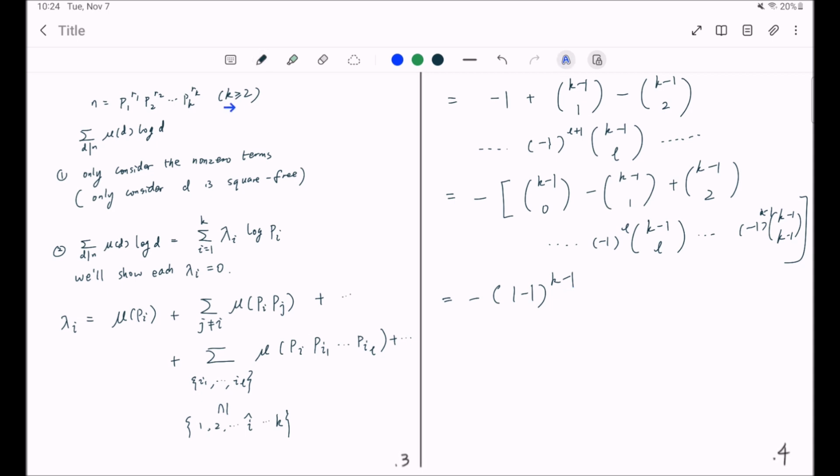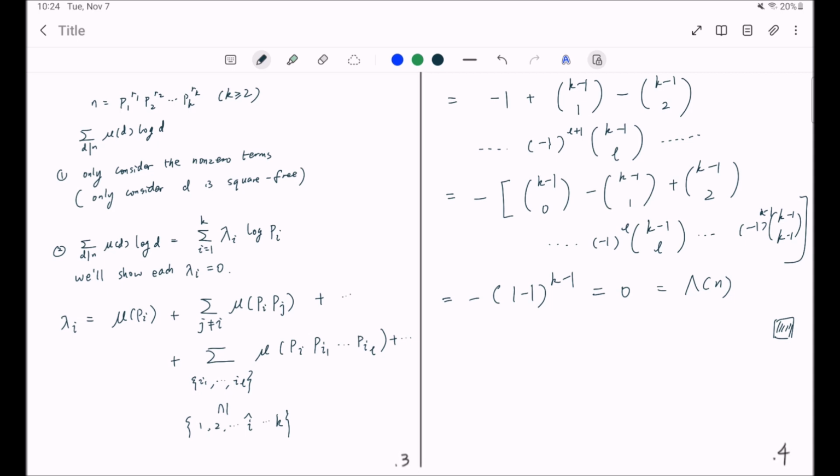Because k here we assume is at least 2, so this must always be equal to 0, which is also equal to lambda of n, because n is not a power of a prime. It's a product of many things. So lambda of n is equal to 0. And that finishes the proof.